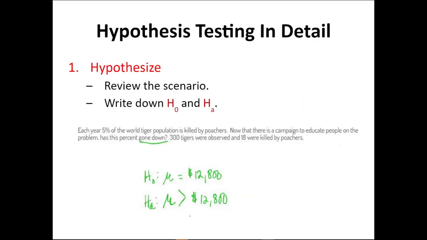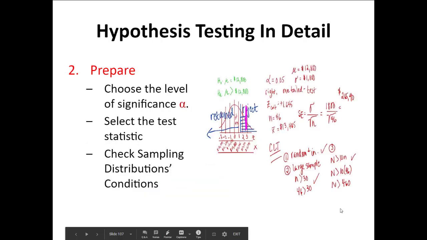All done. So let's just recap the steps. In the first step, we reviewed the scenario and we wrote down the null and alternate hypotheses. In the next step, we prepared.